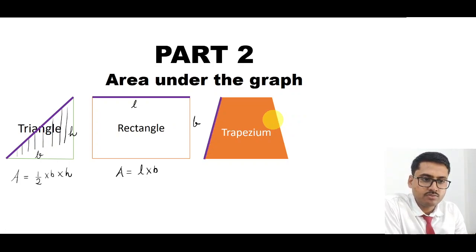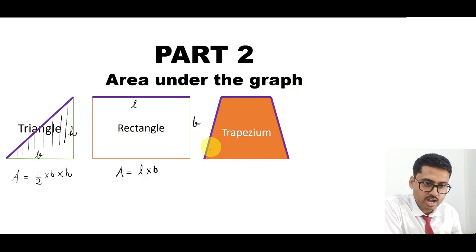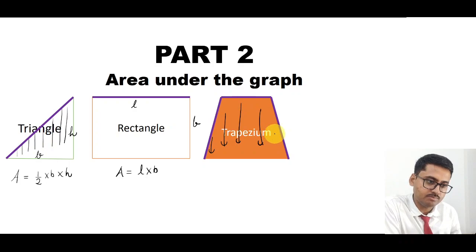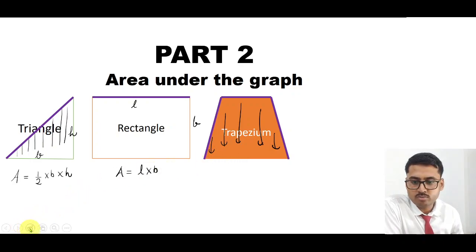And for a trapezium, I hope you all know the formula. So if the graph looks like this, the area under this graph is actually going to be the area of the trapezium. So how do I calculate the area of the trapezium? If you remember the formula, this is a parallel side.